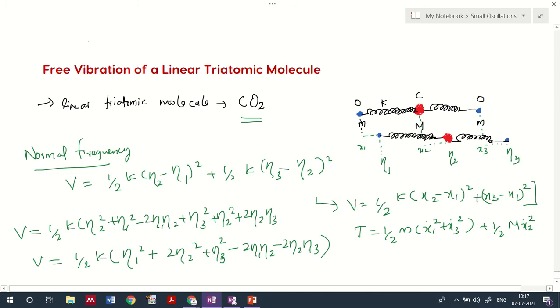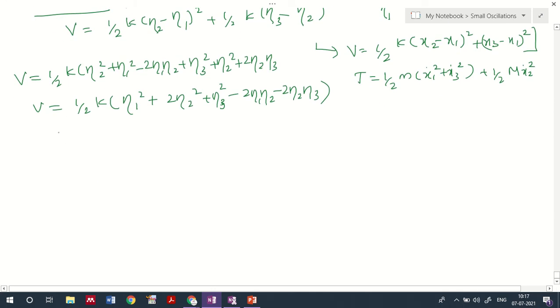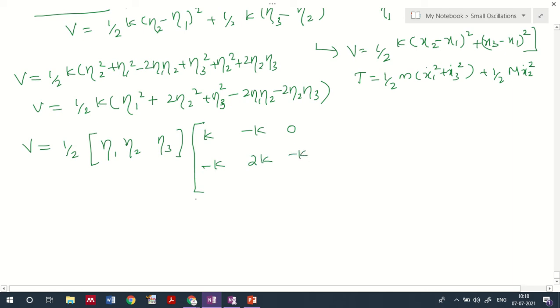Now if you want to represent this in matrix form, the potential can be represented as half, eta 1 eta 2 eta 3 as a row matrix, then the matrix k, minus k, 0; minus k, 2k, minus k; 0, minus k, k. If you multiply that out, you get the corresponding representation.